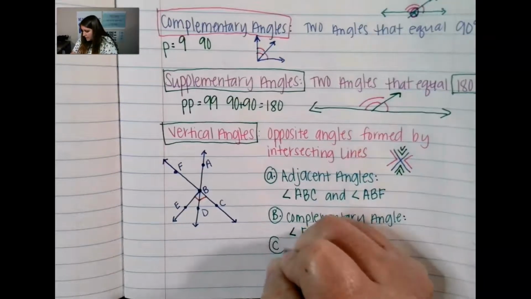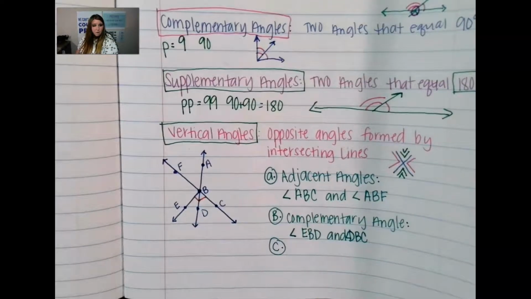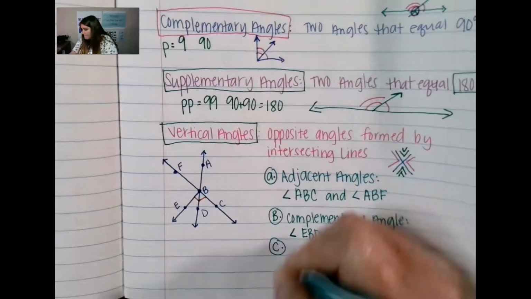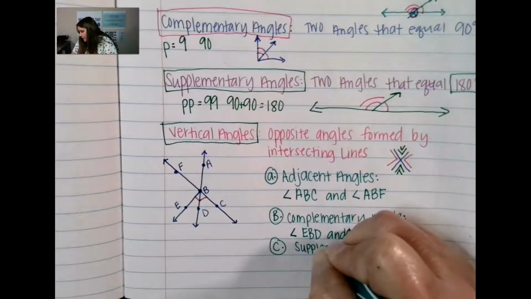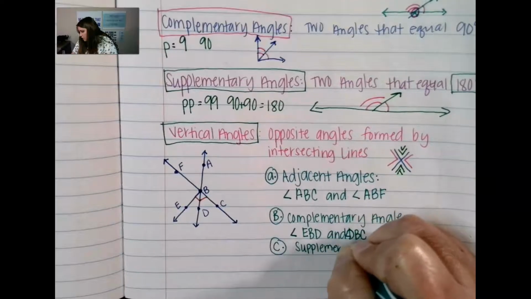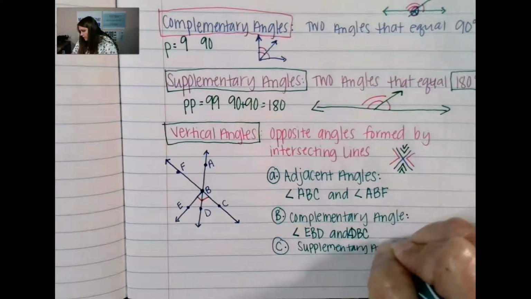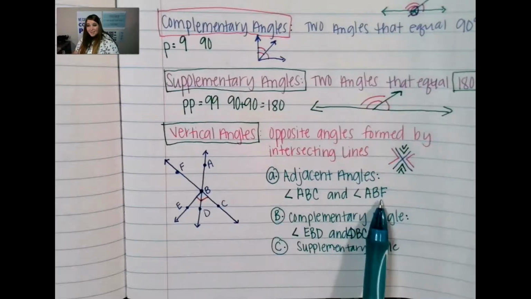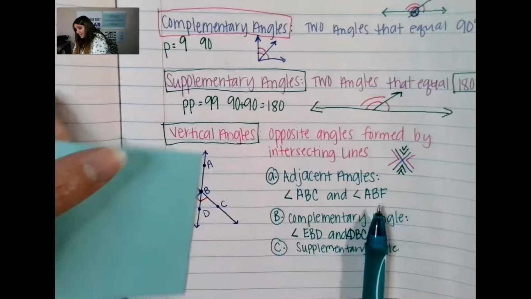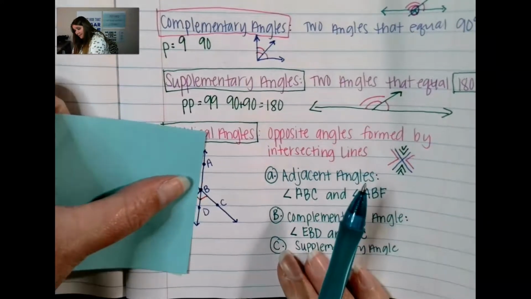Okay, letter C. They are looking for a supplementary angle. A supplementary angle equals 180 degrees. Whew. Okay, we have several, right? I could use my adjacent angles, or I could get fancy and look at this one over here on the side.